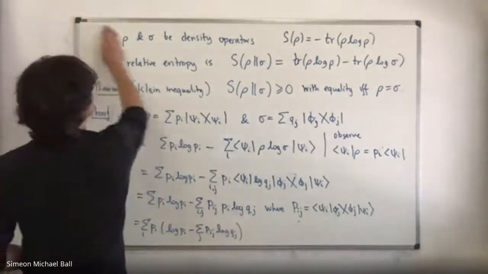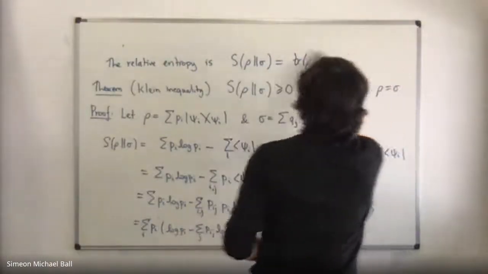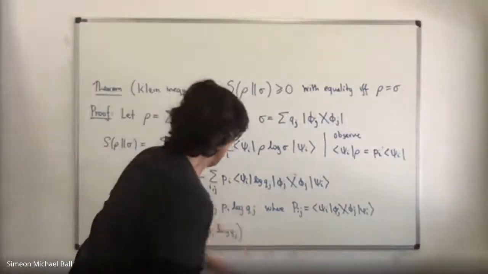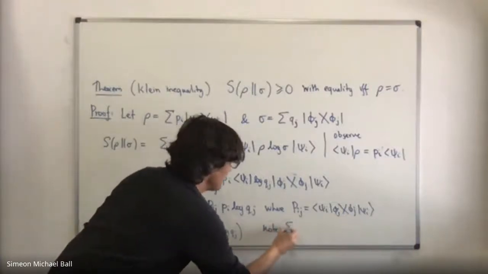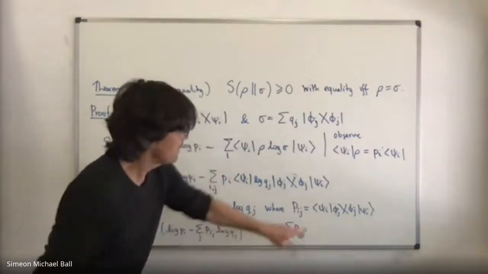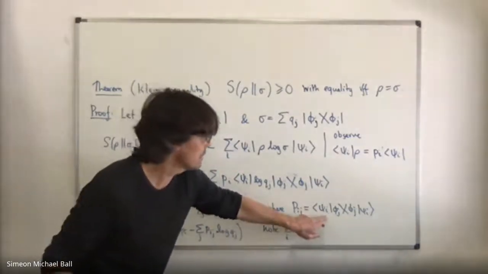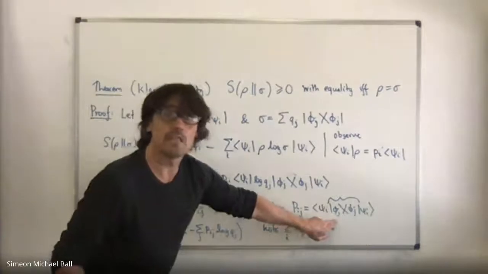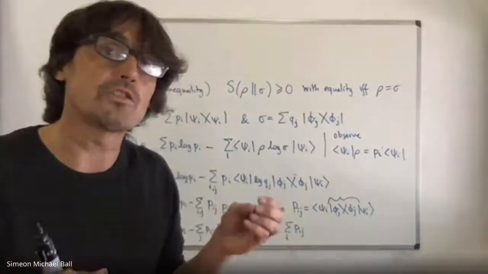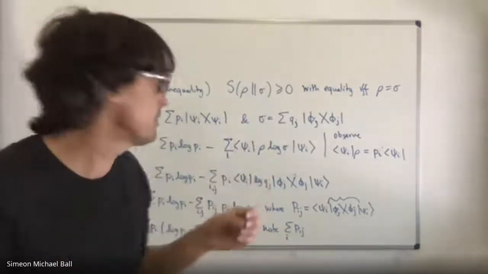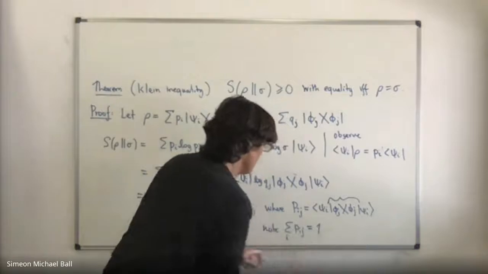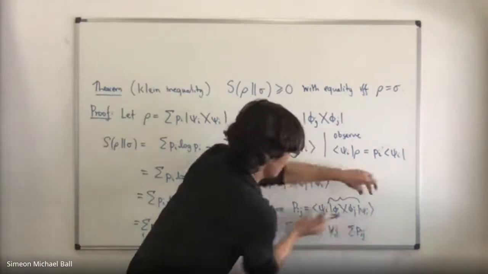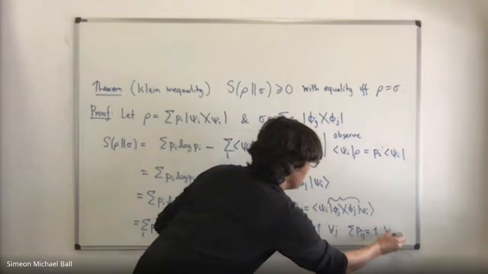Now, notice that if we sum these pij's over i, that's just taking the trace of this thing in here. But this thing, with respect to that basis, is just a 1 on the diagonal and all the others are zeros. So this is just going to be 1 if we sum over i for all j. And likewise, if you sum pij the other way, you get 1 for all i.